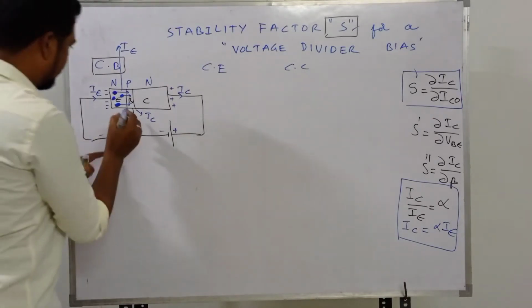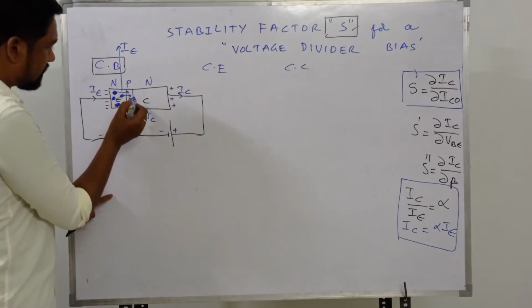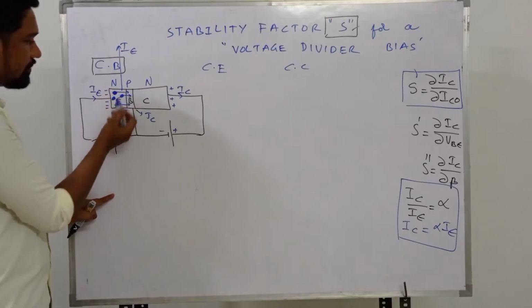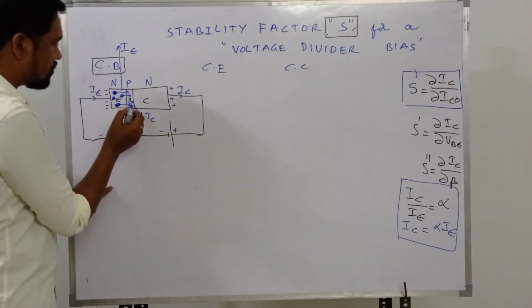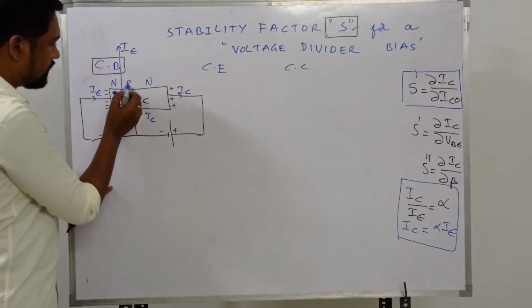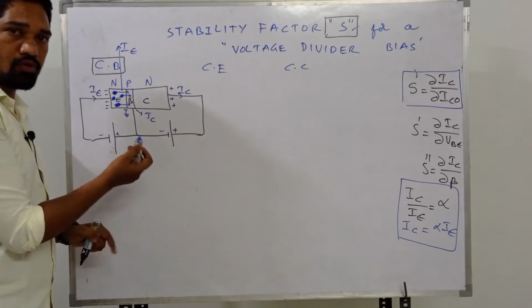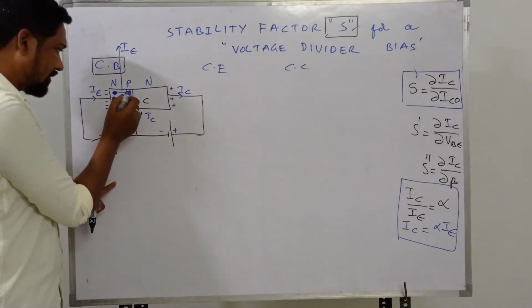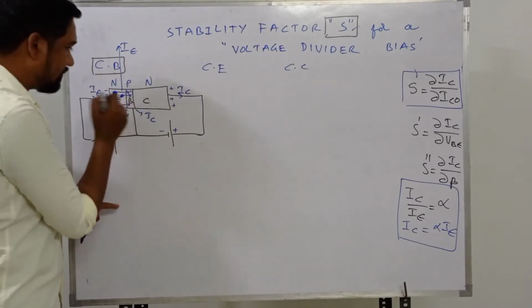Now where are we? Some of the electrons from the emitter enter into the base. I mean electrons, which are majority charge carriers in the n region, enter into the base. The base is very thin and very lightly doped, constructed with a p region. Does that mean we don't have any electrons and holes over here? Yes, we have holes over here, and electrons also as minority charge carriers in the base.